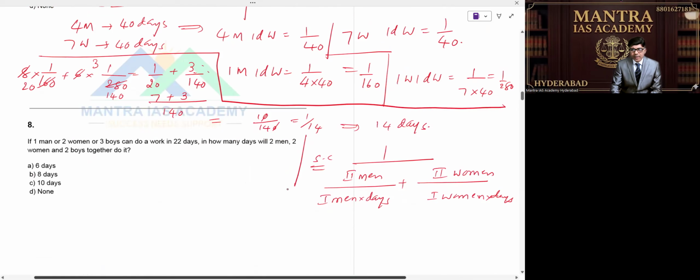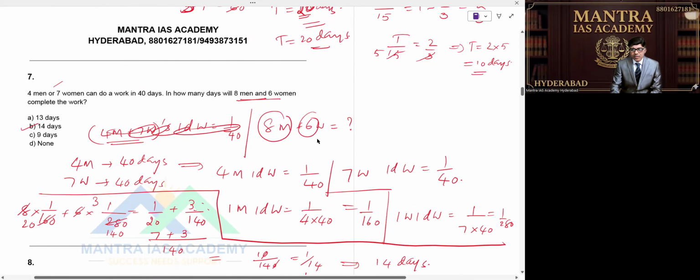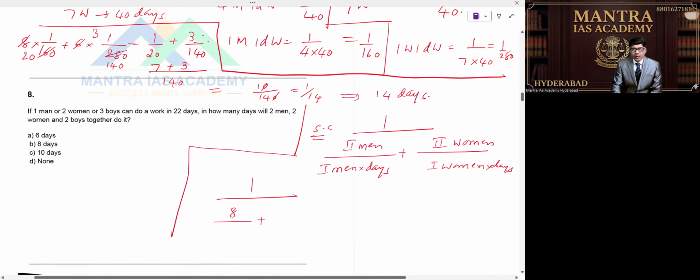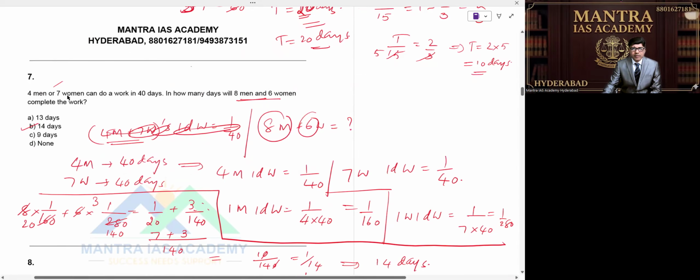I'll take this space also here. 1 by second case men, 8 members, and second case women in this question part is 6 women, that is plus 6 by first case. How many do we have here? 4 in 40 and 7 in 40.